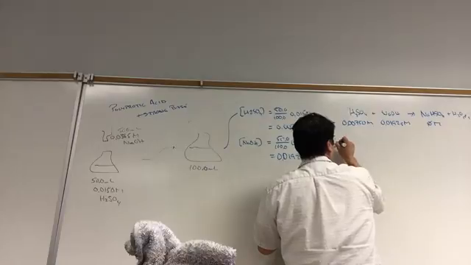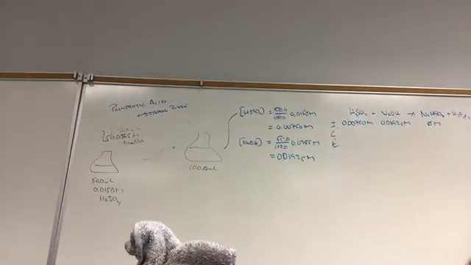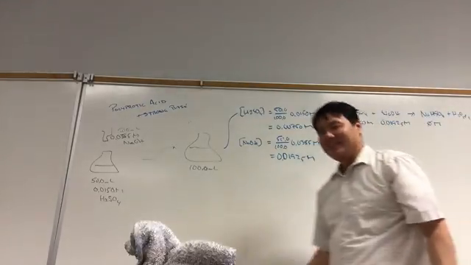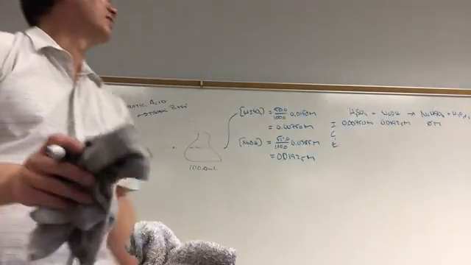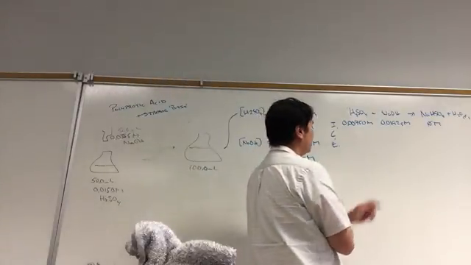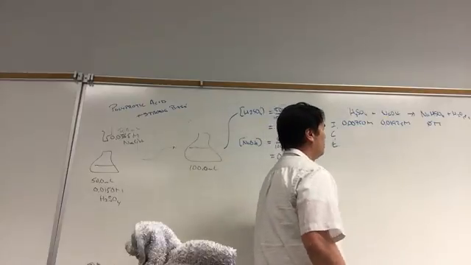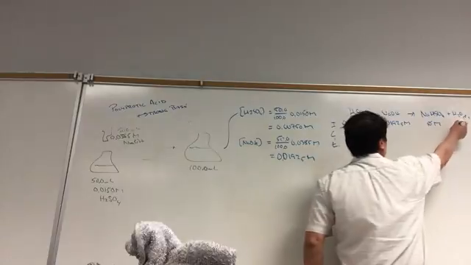Now, what is K for this equation here? K is not just very large, not just very, very large. It's very, very, very large, right? This is just to keep it in perspective, because this is a strong acid reacting with a strong base, and so it's got to be huge. What's the excess?